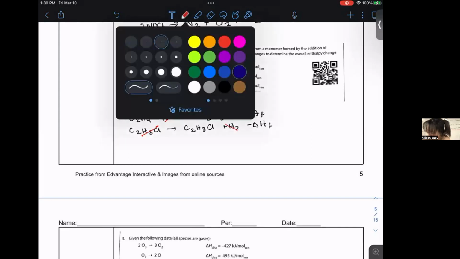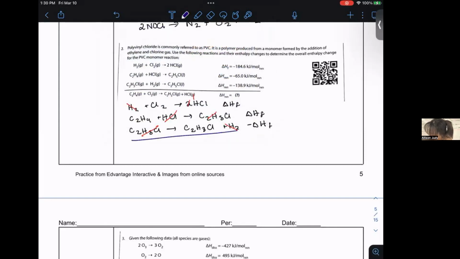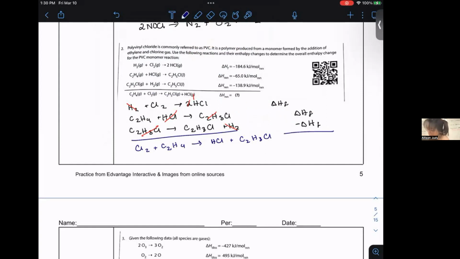And that gives me the net sum of Cl2 plus C2H4 goes to HCl on product, one of them, plus C2H3Cl, which is what I wanted. So then my H would be equal to the sum of the three H values.